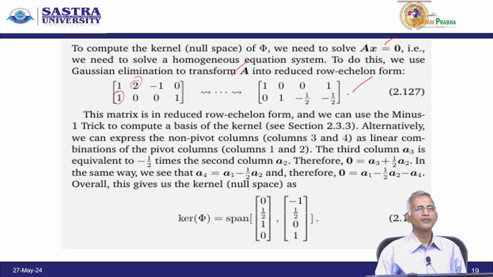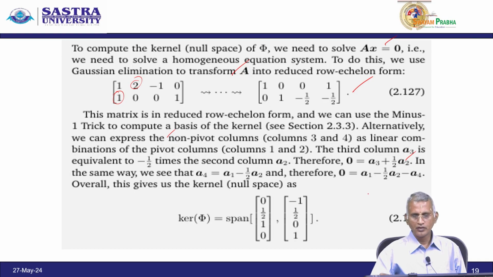Alternatively, we can express the non-pivot columns as linear combinations of the pivot columns, that is, columns 1 and 2. The third column A3 is equivalent to minus 1 times the second column A2. Therefore, 0 equal to A3 plus A2. In the same way, we see that A4 equal to A1 minus 1 by 2 times A2.